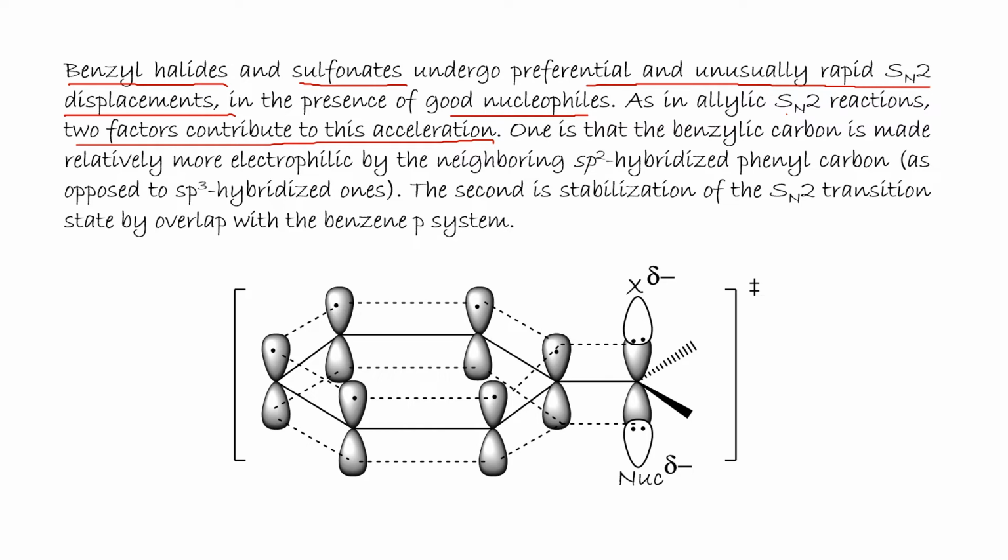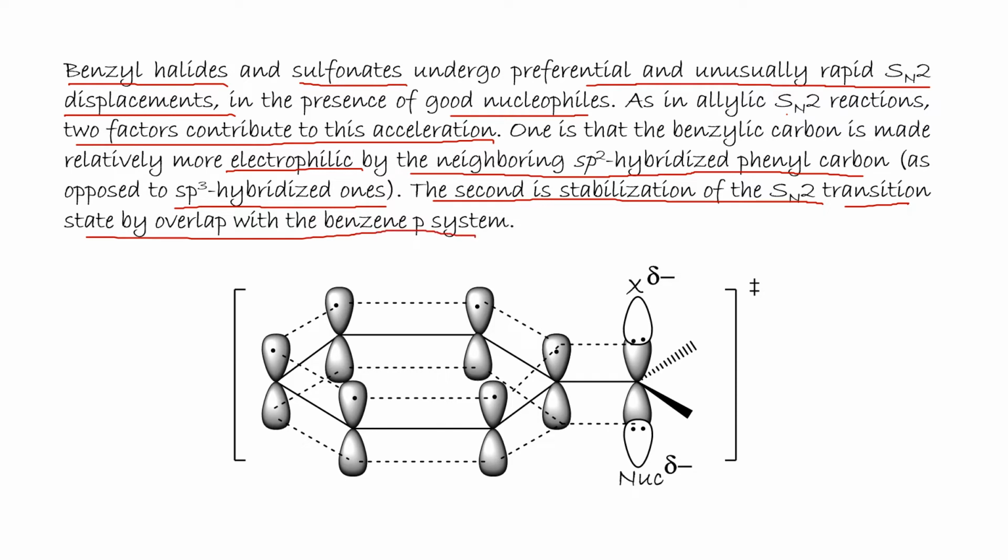So, for the inductive effect, the benzylic carbon is made relatively more electrophilic by the neighboring sp2 hybridized phenyl carbon as opposed to sp3 hybridized ones in alkanes. The second is stabilization of the SN2 transition state by the overlap with the benzene p orbitals.